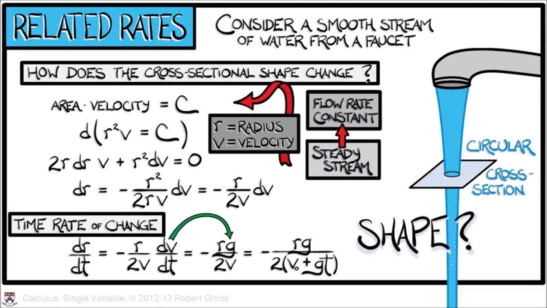That still doesn't tell us exactly what the shape is, say, as a function of height, but we could either solve that differential equation or use some conservation properties from physics to get that shape if we wanted. We have manipulated the differentials to give us information about time rates of change.